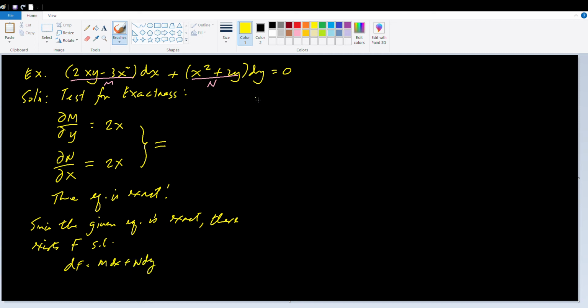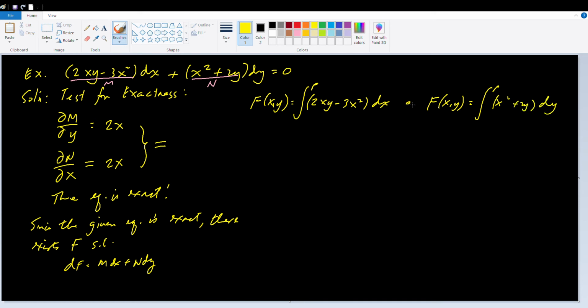To find that function f of x, y, we take the partial integral of 2xy minus 3x squared dx. This will work equally well if we take the partial integral of x squared plus 2y dy. So either of the two will determine the function f.